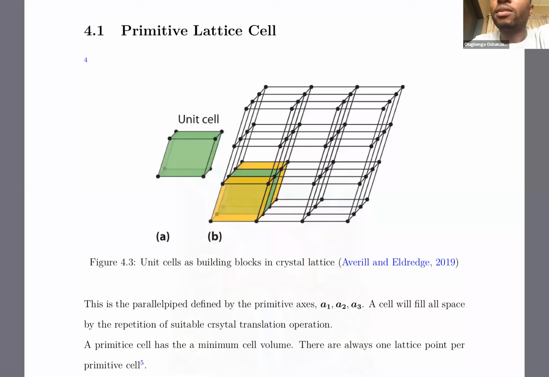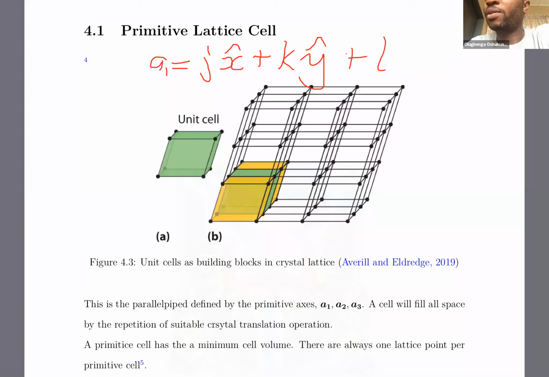A1 can be said to be a particular integer. Let's use integer j in the x direction with unit vector x, plus k in the y direction, plus l in the z direction.